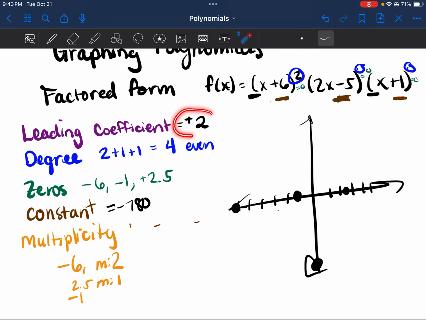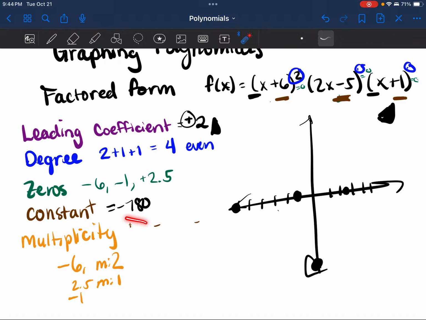My leading coefficient is 2, which is positive, which tells me that my end behavior is going to go up, like that. So I'm going to draw a little arrow here to show that's going up. And then my degree is even, which tells me it goes in the same direction. So this is what my graph will look like. So I'll draw another little arrow here to show this end behavior going up.